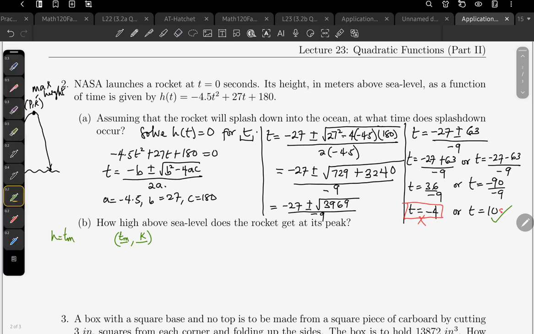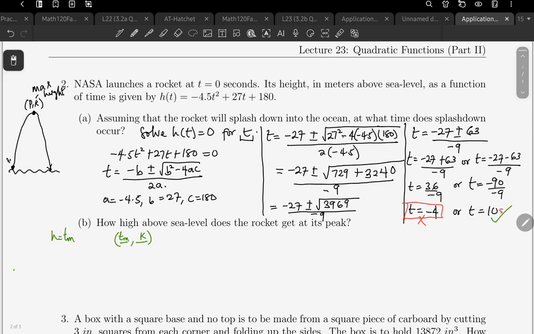So how do we get h? We remember h, or tm in this case, is equal to negative b over 2a. And our b is 27, so that is negative 27 over 2 times negative 4.5. So that is negative 27 over negative 9, and that is 3.